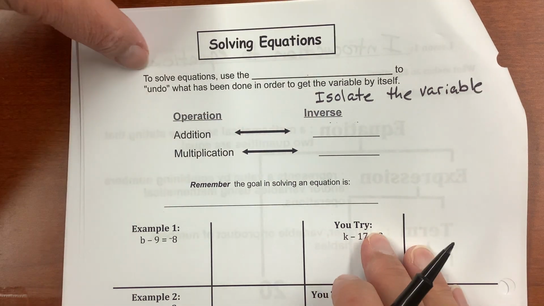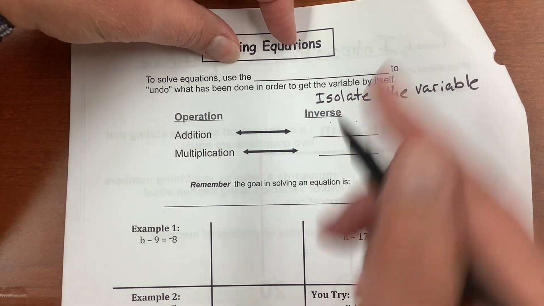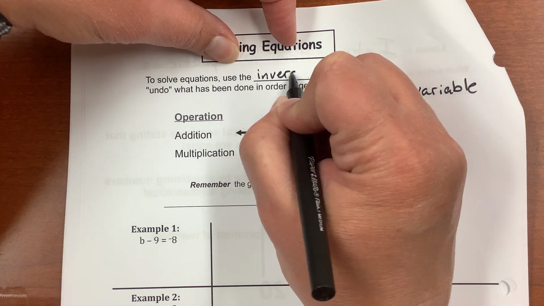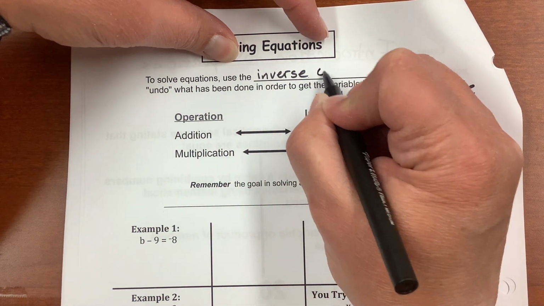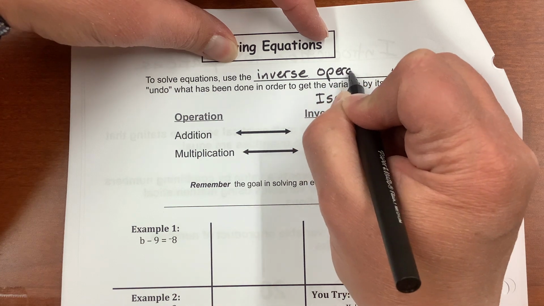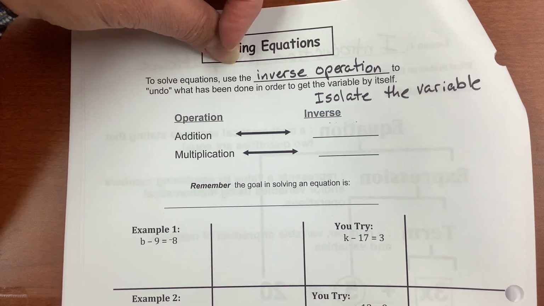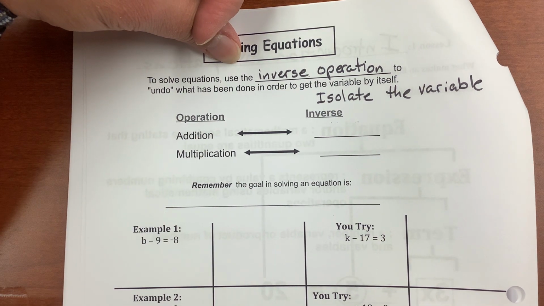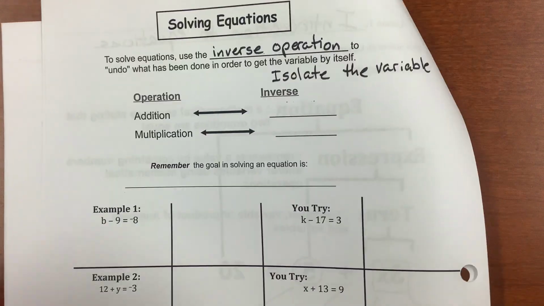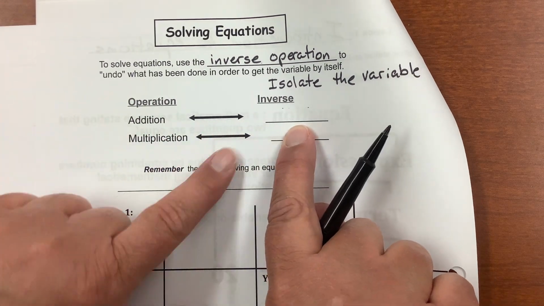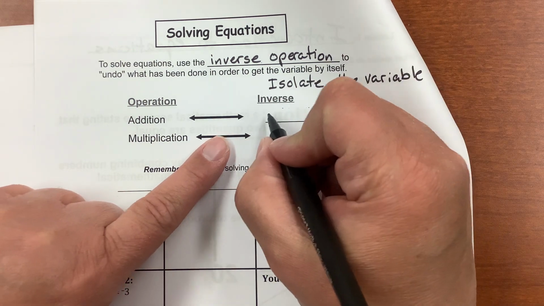All right. So to solve equations, use the inverse operation. A lot of I words today. To undo what has been done in order to get the variable by itself, in order to isolate the variable. So if the operation is addition, what undoes addition? Subtraction.